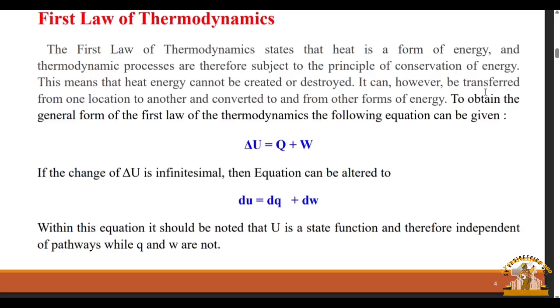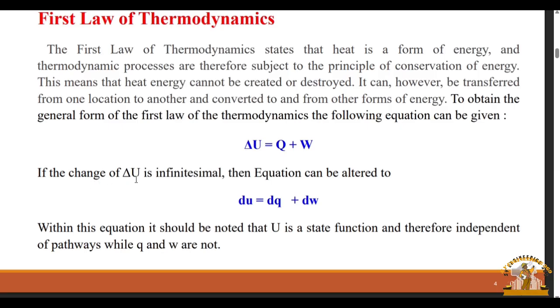It can, however, be transferred from one location to another and converted to and from other forms of energy. To obtain the general form of the first law of thermodynamics, the following equation can be given: delta U equals Q plus W.